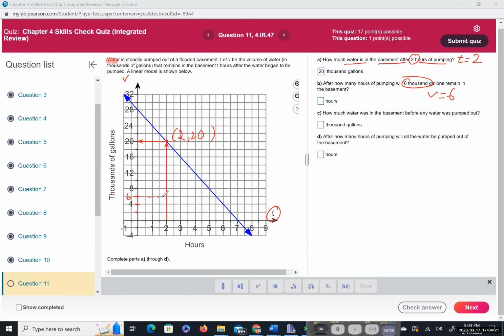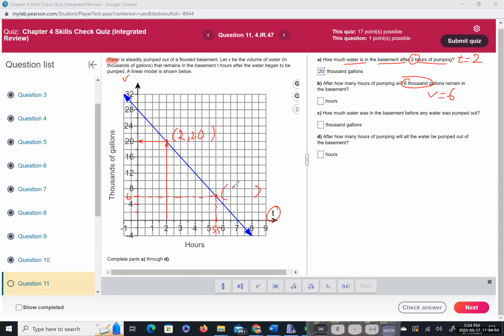You draw the horizontal line that crosses the graph at this point, and then draw the vertical line through that point, which intersects the t axis at 5.5.